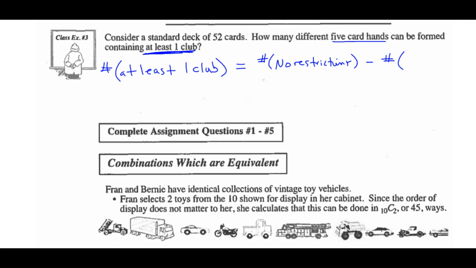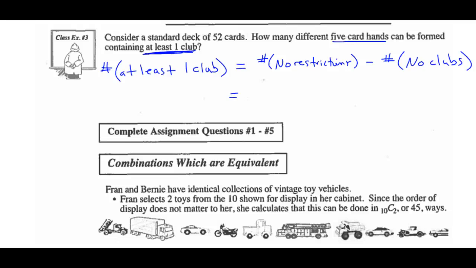What's the complement of having at least 1 club? Well, that would be having no clubs. So if you take all the possibilities where there are no restrictions and subtract from that the complements of having at least 1 club, we should be left with how many hands have at least 1 club.